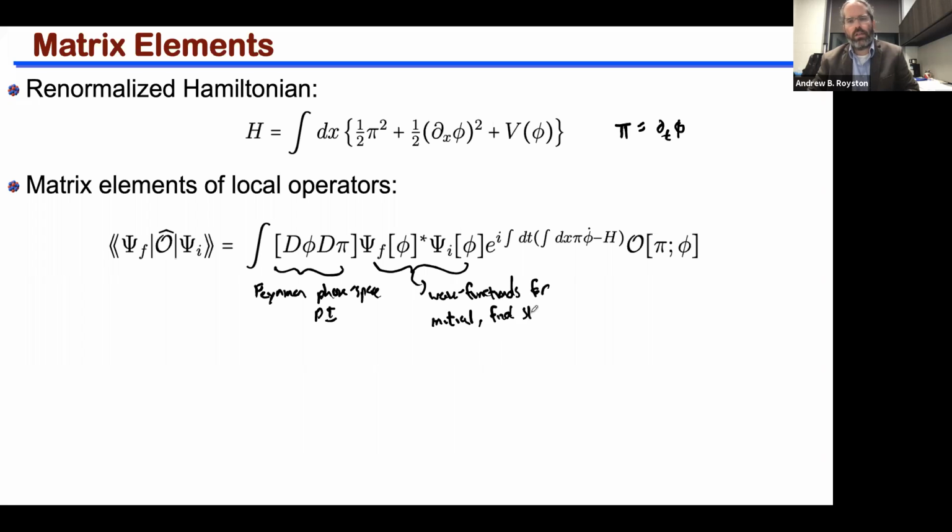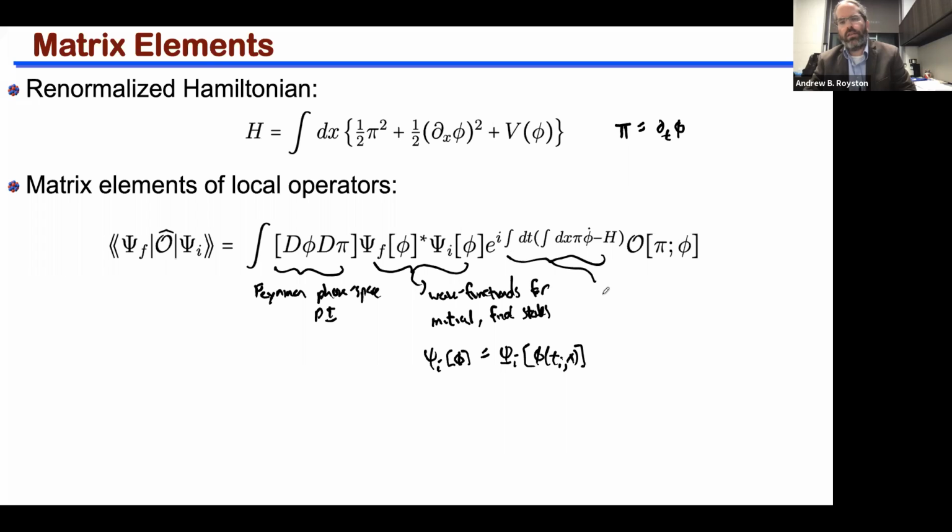And the notation here is meant to indicate, so for example, psi I of phi means a functional of phi at the initial time. And these could be quite general, but for example, if you wanted to study like the ground state, the vacuum in the theory, then perturbatively, these would be Gaussians in the field. Just like the Gaussian is the ground state of the harmonic oscillator.